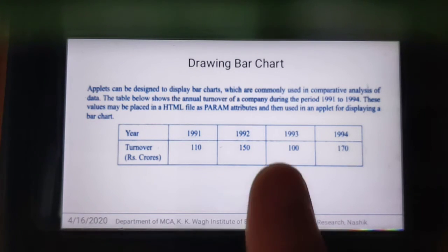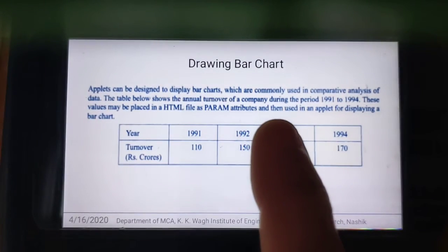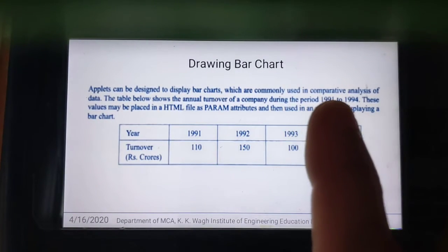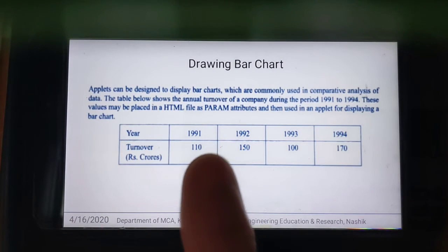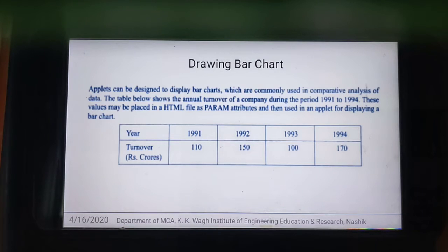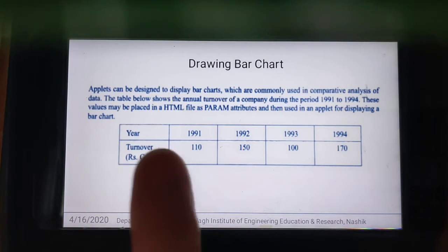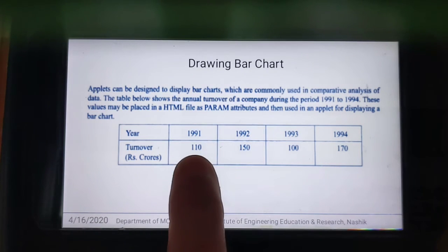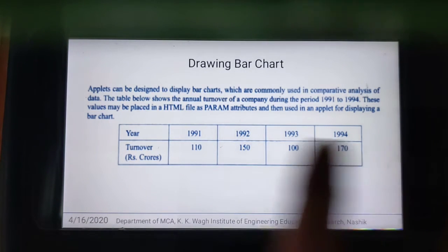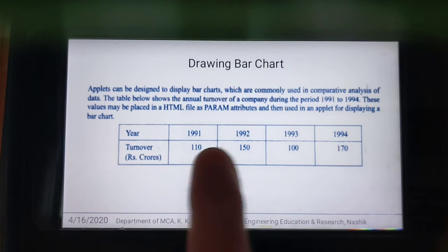This data shows the annual turnover of a particular company during the period of 1991 to 1994. These values can be placed in the HTML file with the help of param attributes. We can design the applet and display the chart. For the appropriate year, the annual turnover is shown as the value in that particular cell.